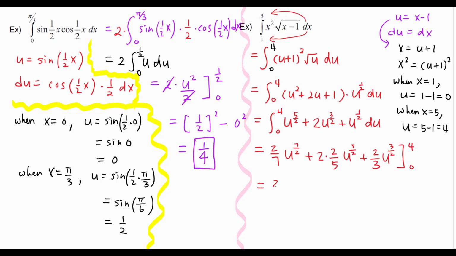So then I get 2/7 times 4 to the 7/2 plus 4/5 times 4 to the 5/2 plus 2/3 times 4 to the 3/2, minus, when you plug 0 there, everything's gonna be 0. So when you use your calculator and approximate to 1 decimal place, you're gonna get about 67.5.